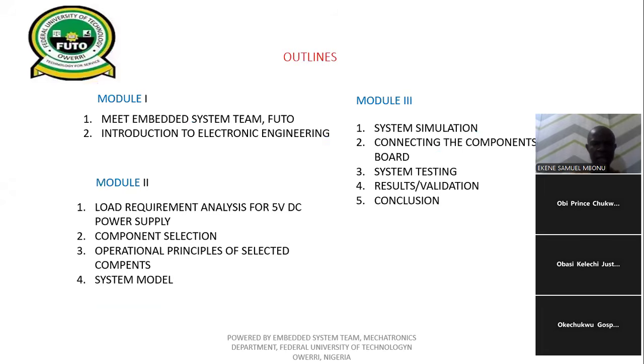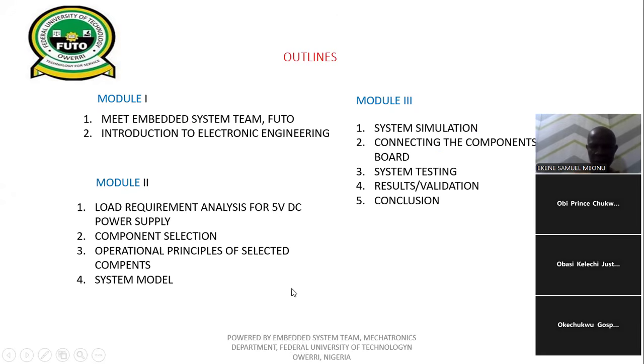Let's go through the outline. This lecture is going to take place in 3 modules. In module 1, we are going to introduce the team, and then there will be a brief introduction to electronic engineering. In module 2, we're going to look at load requirements for analysis of 5-volt DC power supply. We look at component selection before we get into operational principle of selected components.